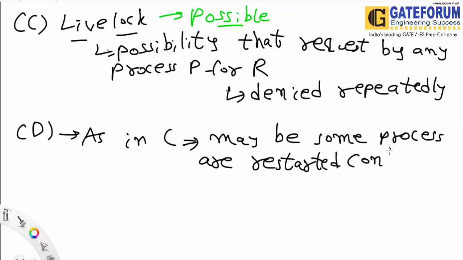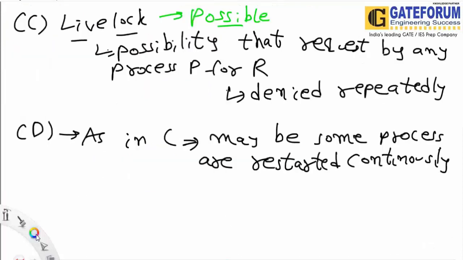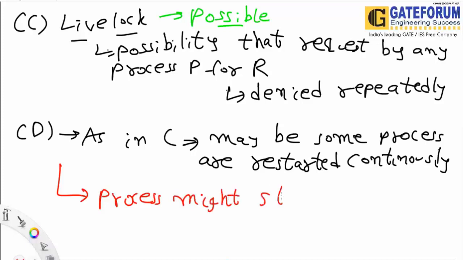It means a process has taken a particular resource, another process came and it was restarted. Again it takes a resource, another process comes, and it is restarted. So that is why the process might starve for resource R. So this is 100% possible.